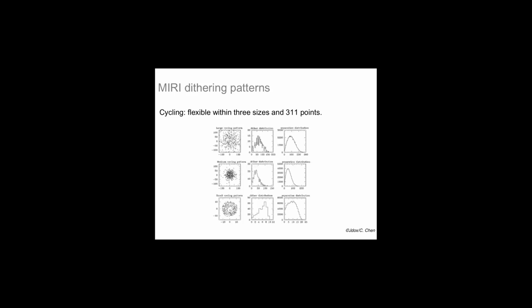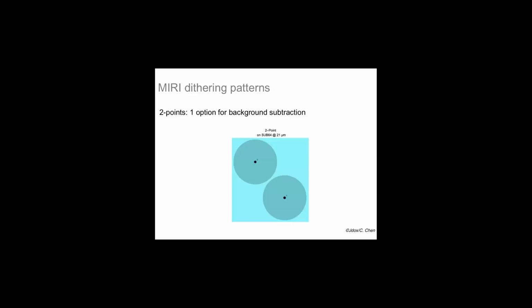The user can start from anywhere in the distribution up to any limit, basically, below that threshold. And then finally, there is the 2-point dithering pattern, for point sources, which is like nodding the telescope at 2 positions to perform a background sky subtraction.